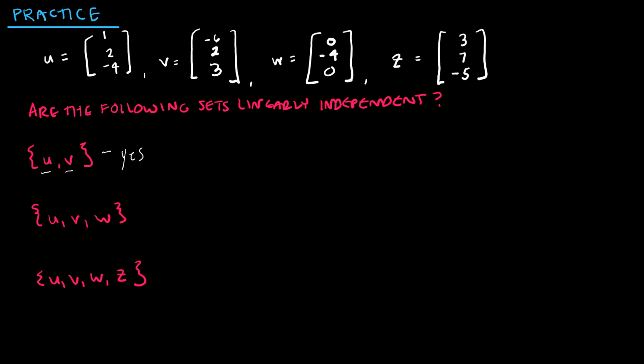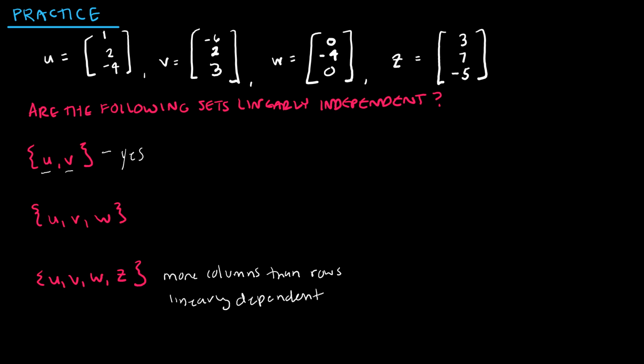I'm going to skip over that middle one for just a moment because it's a little bit more difficult. Let's look at that last one, u, v, w, z. Well, we just talked about the theorem that says if you have more columns than rows, then it's linearly dependent.